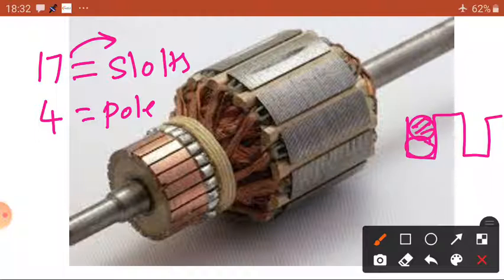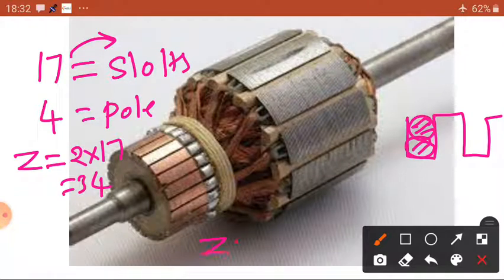This is one conductor, this is another conductor. That means total number of conductors may be 2 into 17, that means total 34 conductors. Okay, so based on Z equal to 34 conductors and a 4-pole machine, we are going to develop the double layer wave winding.